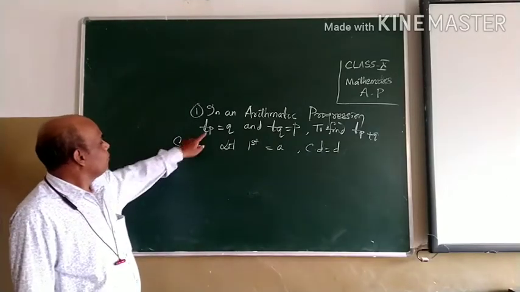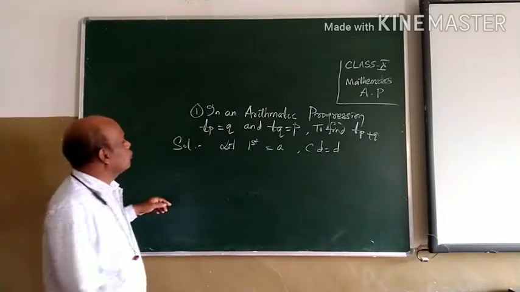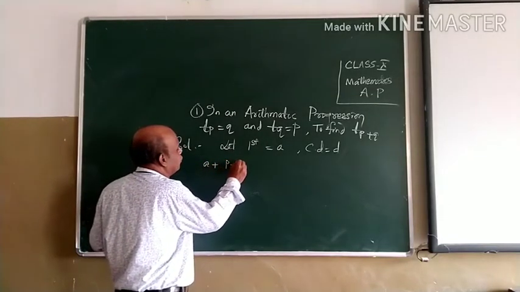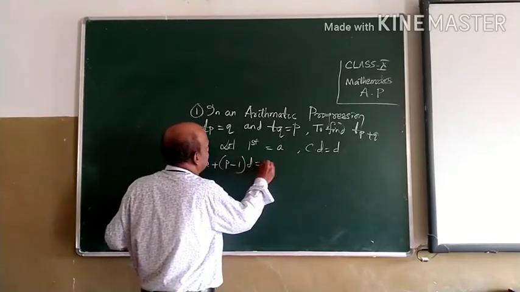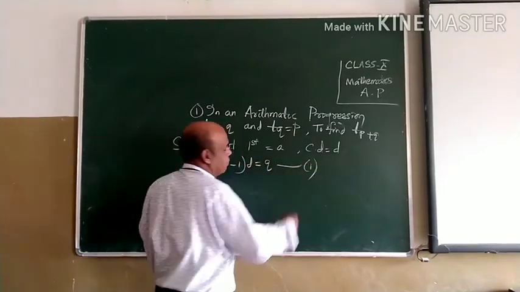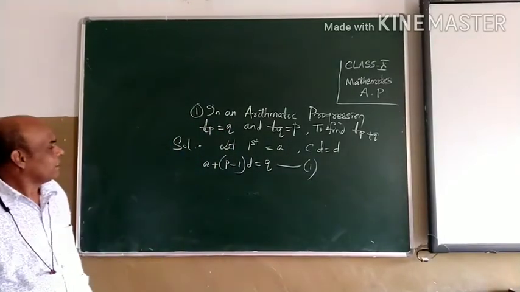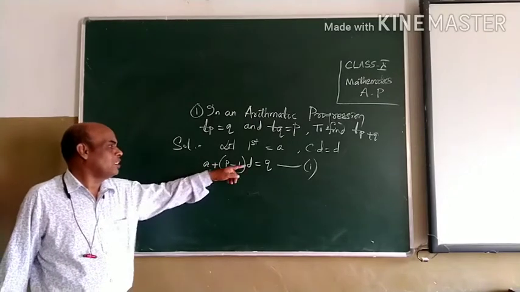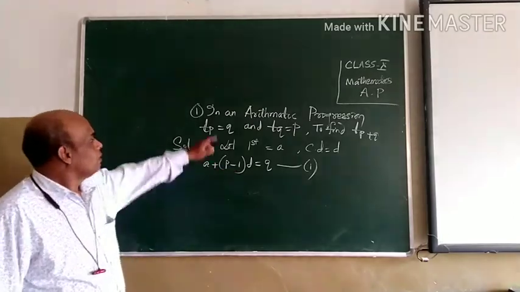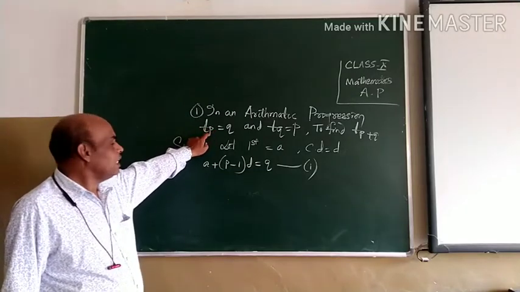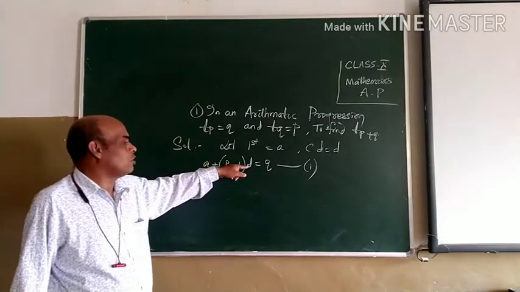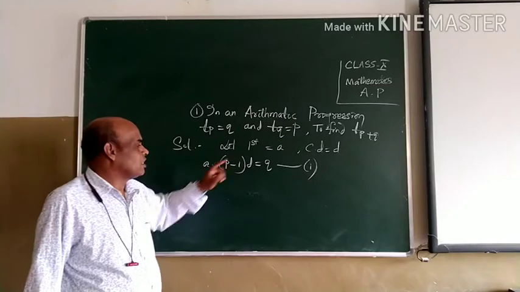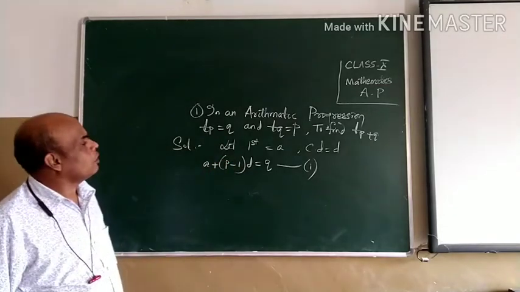So now you see, the Pth term is equal to Q. So ultimately we will write a plus (P minus 1) into D, that is equal to Q, equation number 1. Because you have the idea, if the nth term is there, you write a plus (n minus 1) into D. So for the Pth term, ultimately a plus (P minus 1) into D, because already you told the first term is a and the common difference is D. So this is equation number 1.